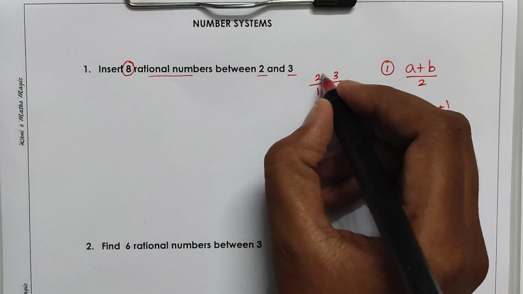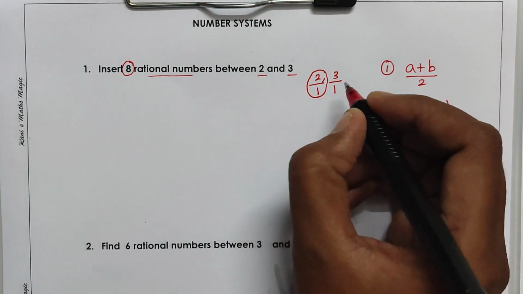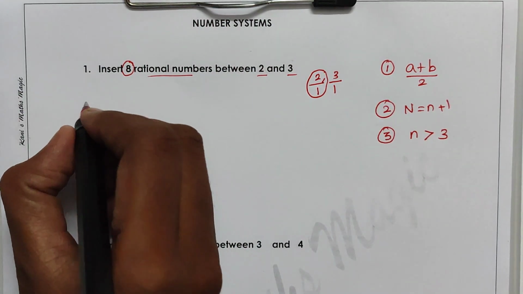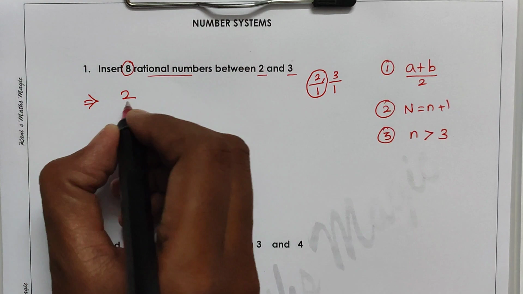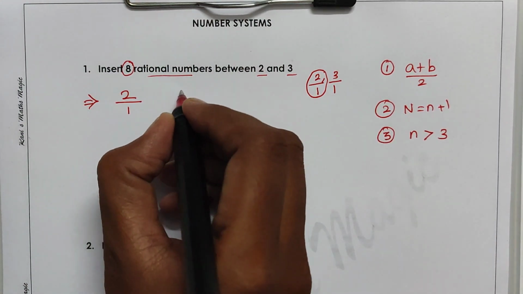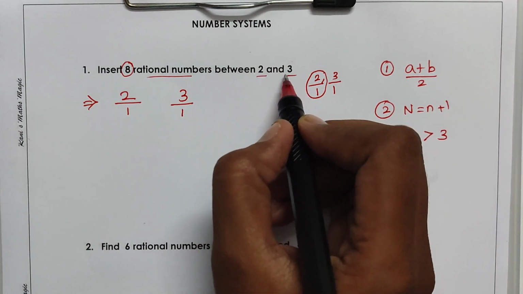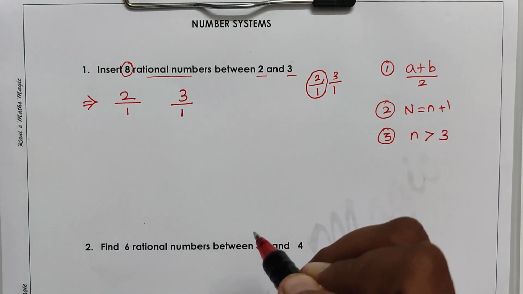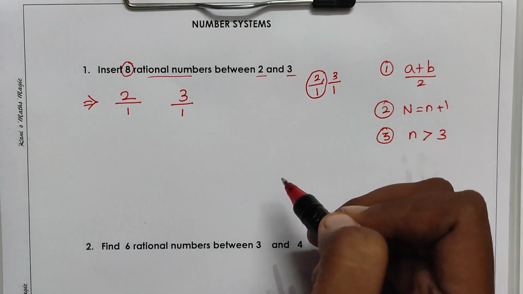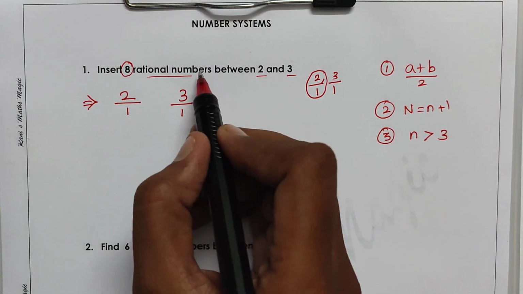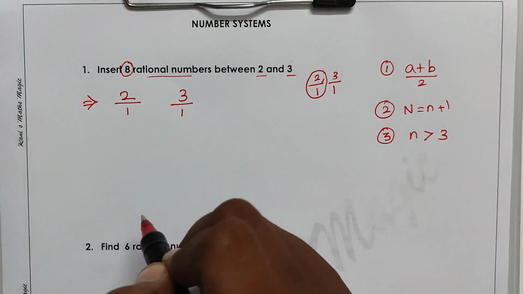So 2/1 is called a rational number. My first step is 2/1 and 3/1. Now these two whole numbers become rational numbers. Understood?